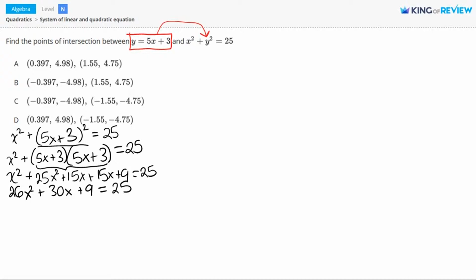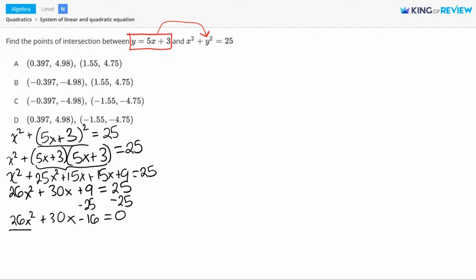Now I want to have a 0 on one side of the equation, so let's move the 25 over to the left. I'll subtract 25 on both sides. Now I have 26x squared plus 30x minus 16 equals 0.